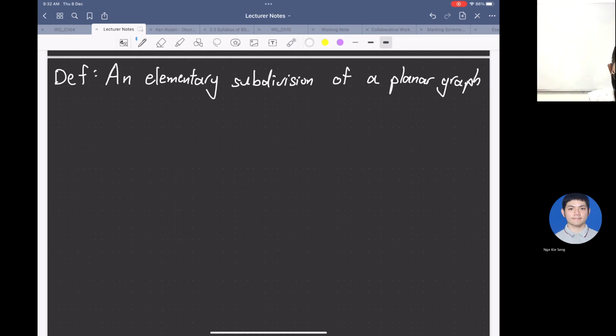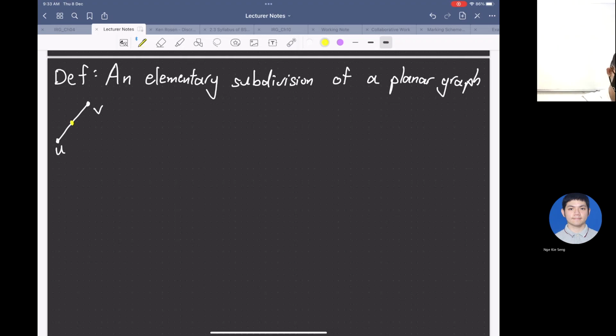So elementary subdivision, I give you the picture first, and then I will say the precise definition. Let's say you've got an edge from U to V. When we say elementary subdivision, we can cut this edge into half, which is not accurate, but I will lie a bit.